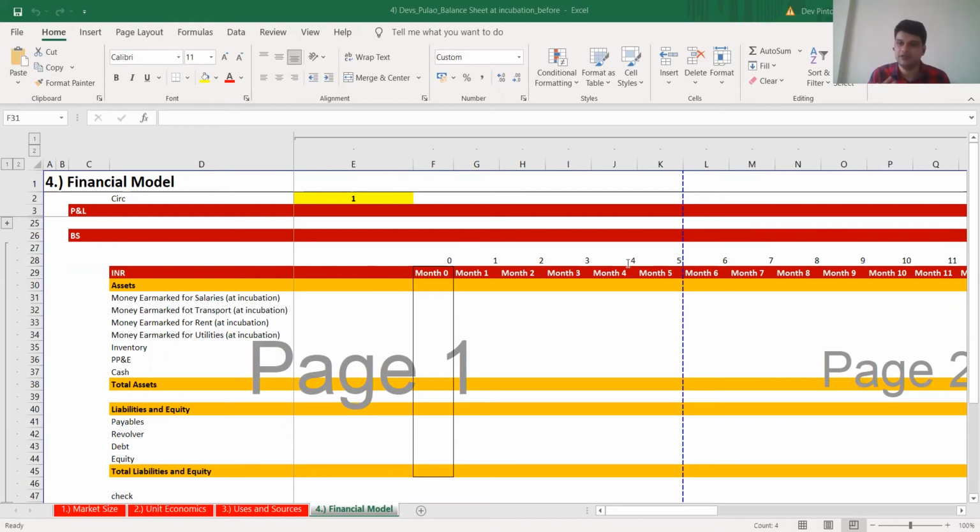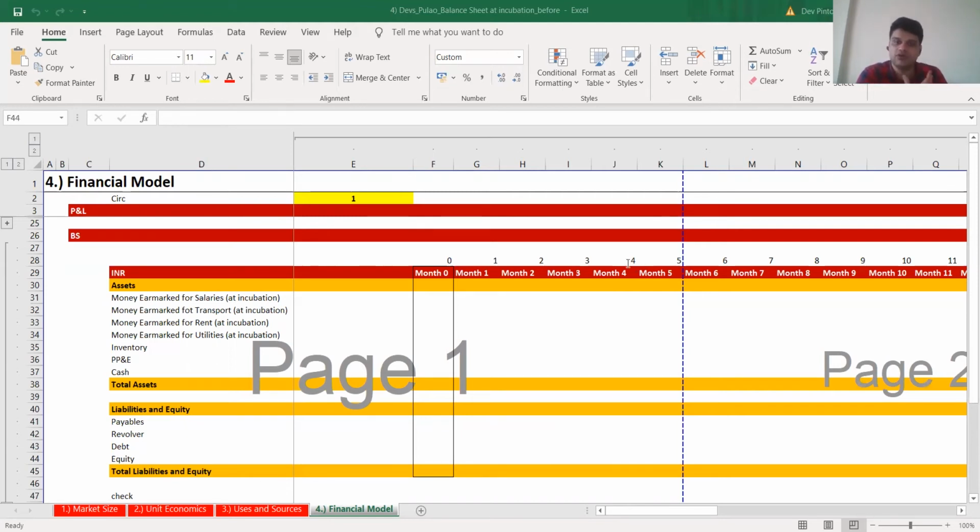So assets will typically comprise of net working capital and fixed capital, like we discussed in sources and uses. Liabilities, on the other hand, tell you what you owe external parties, like debt, revolver debt, payables, and how much of the total assets of the company you own after accounting for what you owe, which is nothing but equity, right?